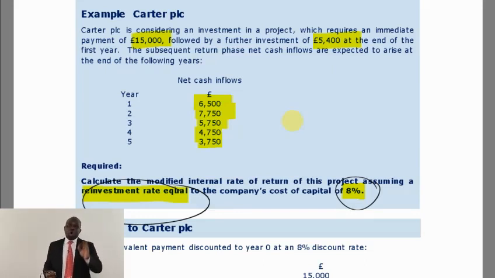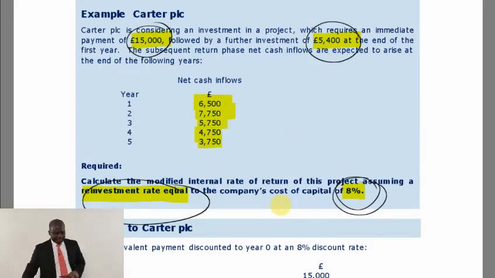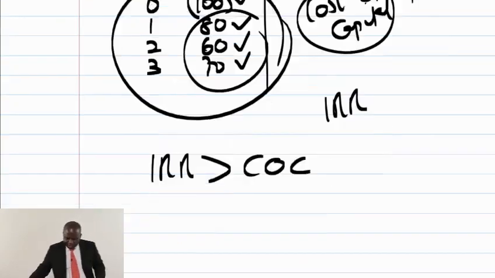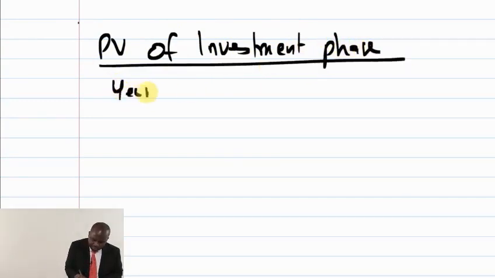So first, all the cash flows from the investing phase, you have to find the present value of them. Okay, so my investing phase cash flows are the 15,000 and the 5,400. I need to discount them using the 8%. So straightforward, my PV of investment phase: year 0, and then year 1.